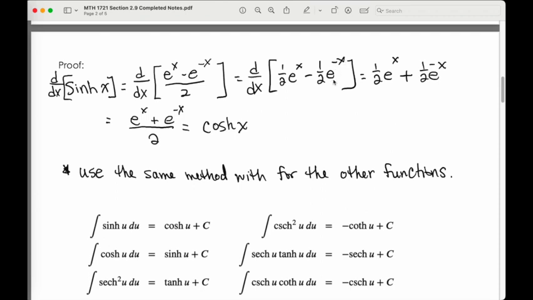So when I take this negative times that negative, I end up with a positive. So I have minus 1/2 e to the negative x, and then I multiply using the chain rule. I multiply by -1, which changes that to a plus. And then if we rewrite that as e to the x plus e to the negative x all over 2, that is the same thing as hyperbolic cosine.